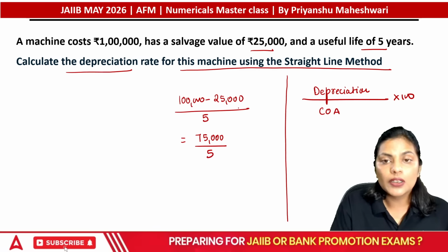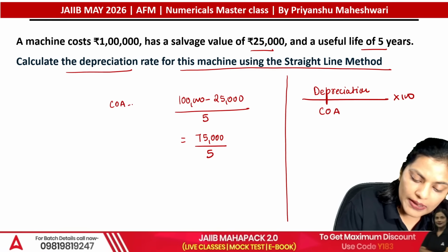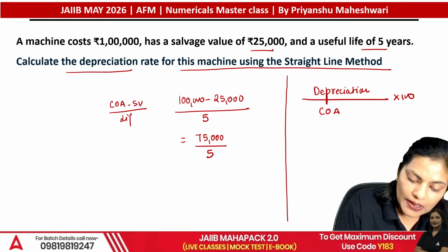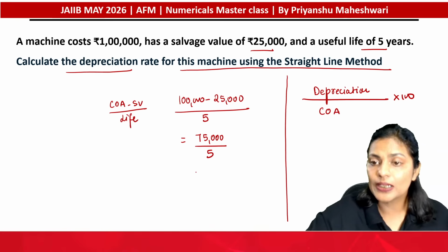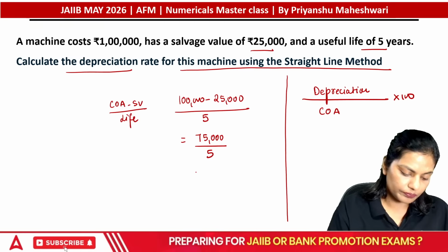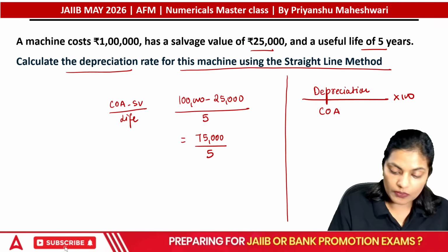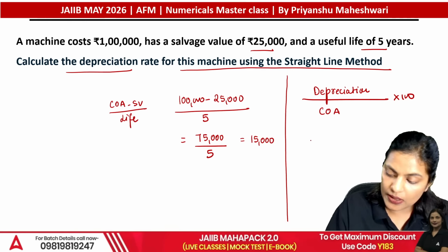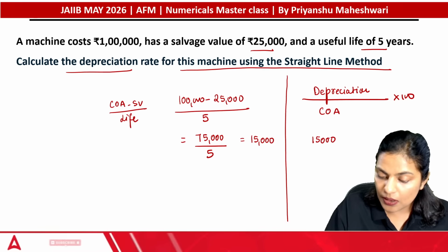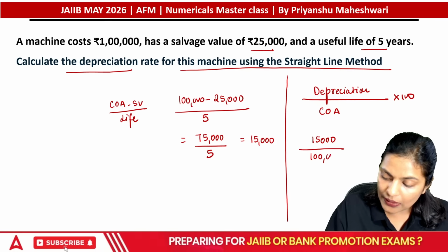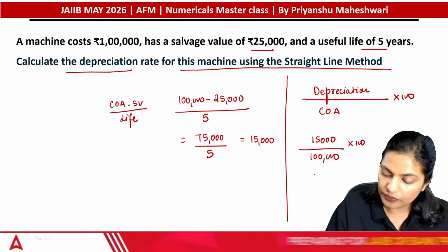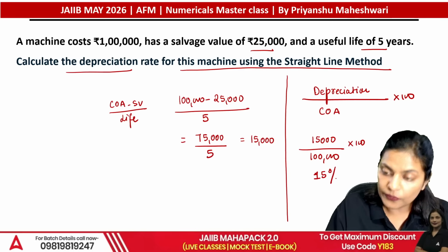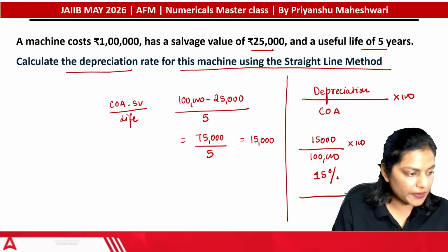This is the formula: cost of acquisition minus salvage value divided by the life of asset. When I divide 75,000 by 5, this will give me 15,000. Now 15,000 upon 1 lakh into 100 gives a 15% rate. Correct? Next one.